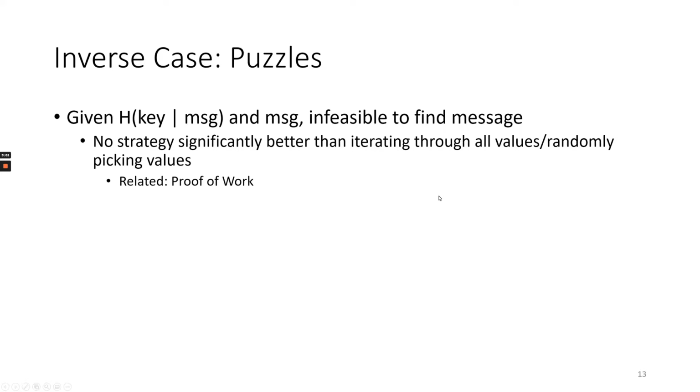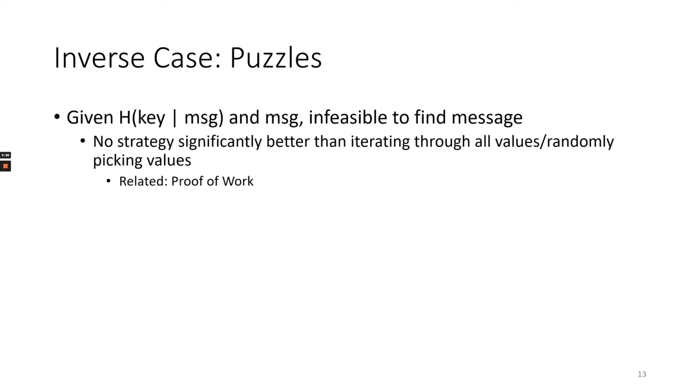The property that was implied earlier is that it should be really difficult for someone to guess what the original message is based on the hash of the message concatenated with the key. So we want the hash functions that we're dealing with to work in such a way that this inference is difficult.